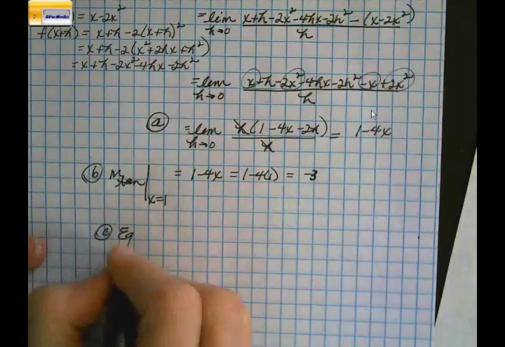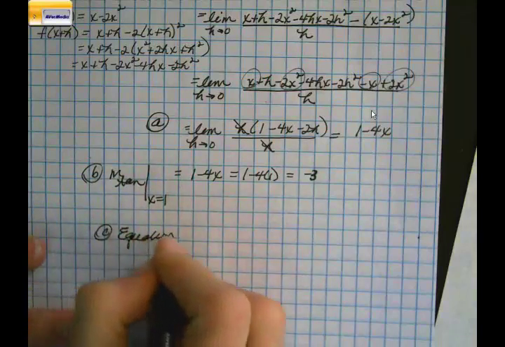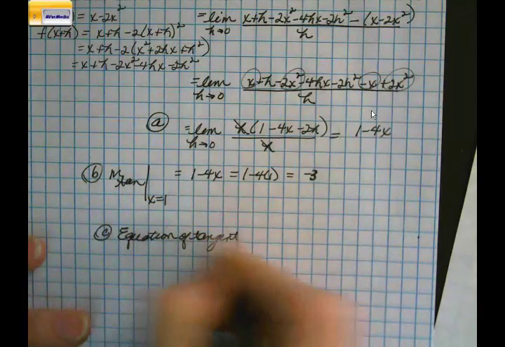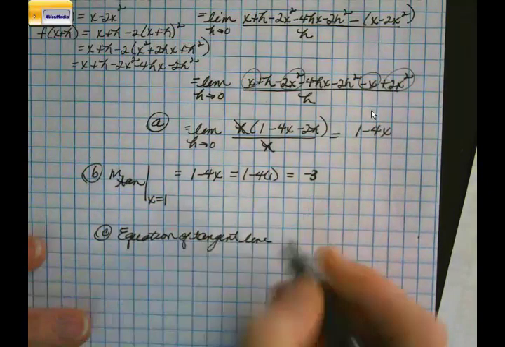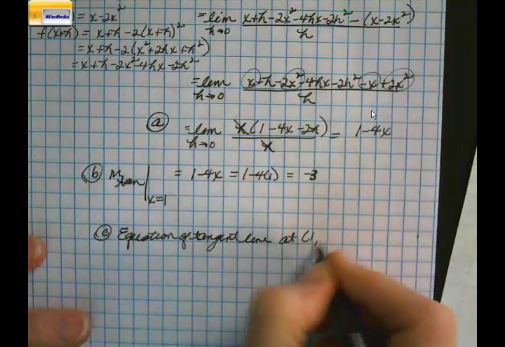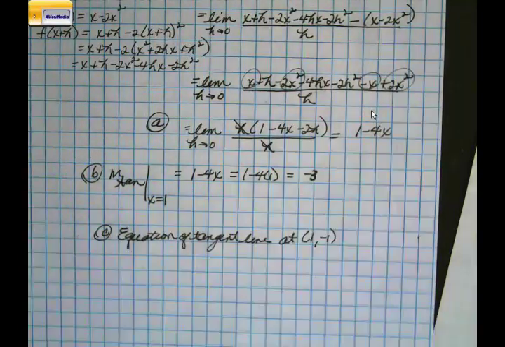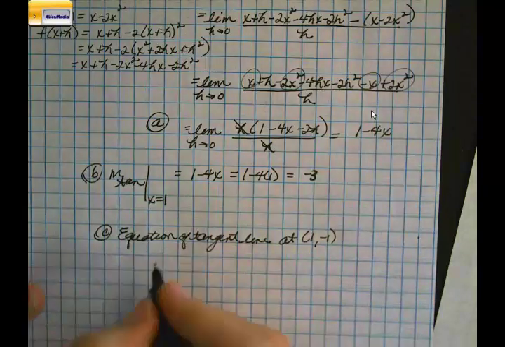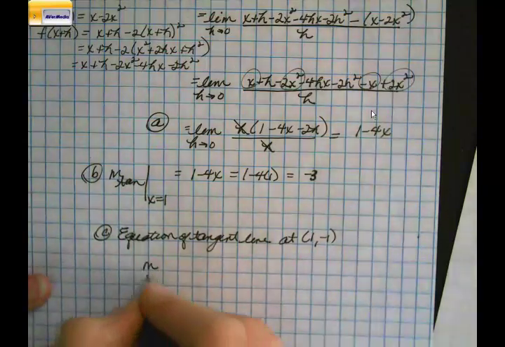Then if they ask me the equation of the tangent line to the curve at that point, the equation of the tangent line to the curve at the point 1, negative 1, I now know the slope at that point.